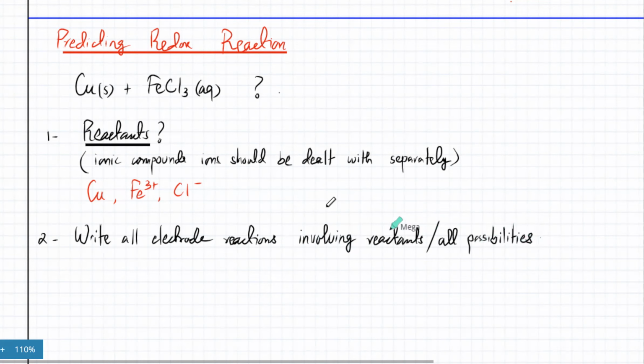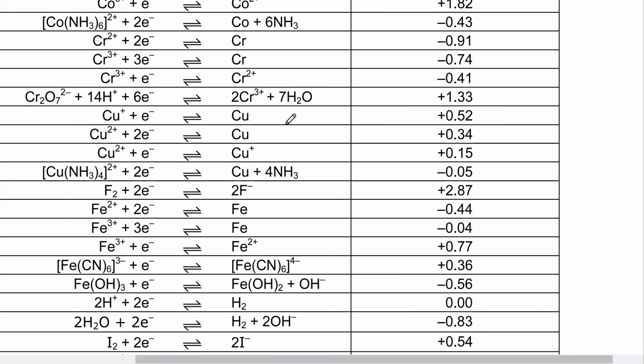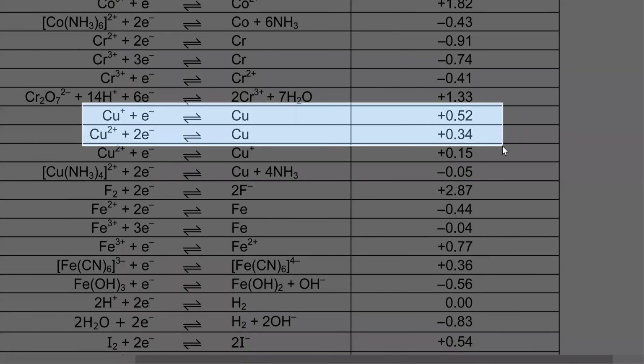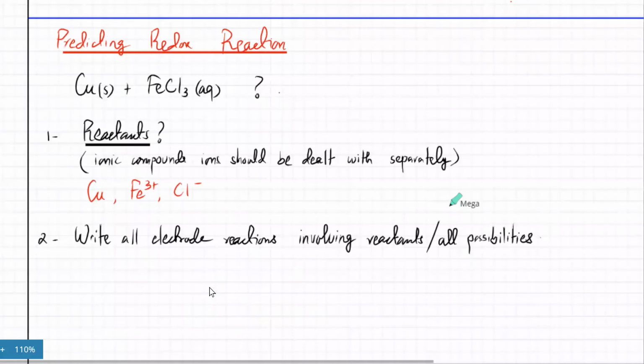So I'm just going to copy paste instead. I'm going to pick these two electrodes. I've got copper over here, so any place where you see copper, both of these reactions involve copper. So I'm going to pick both of them.